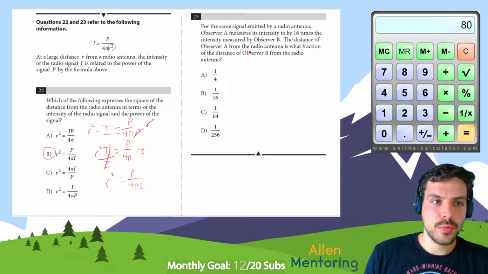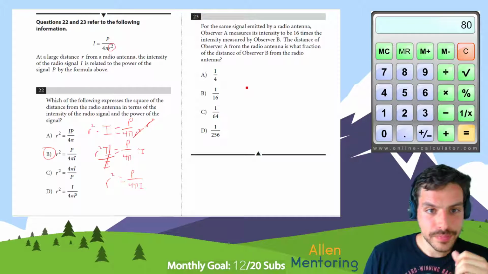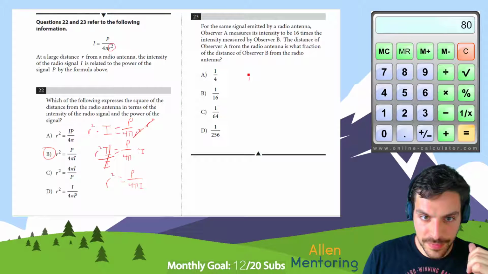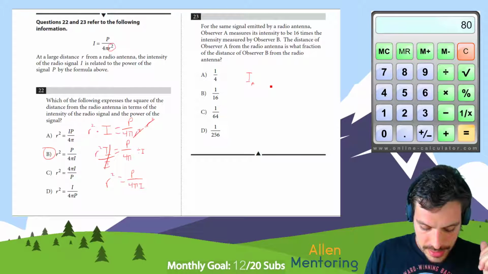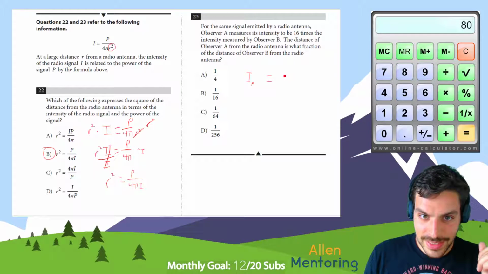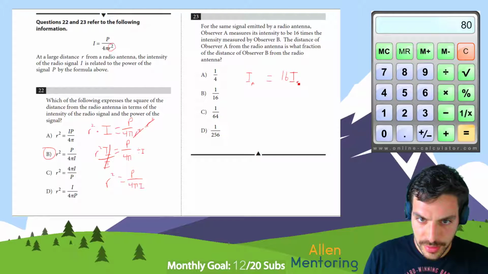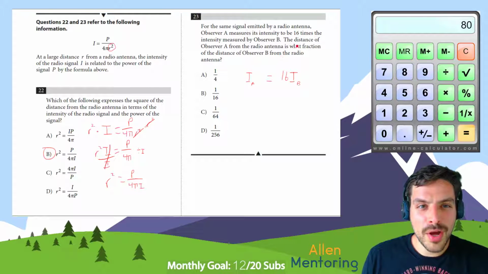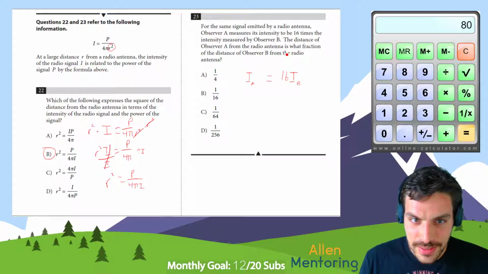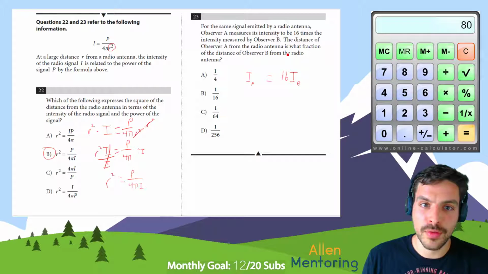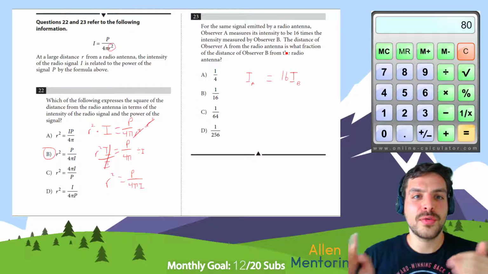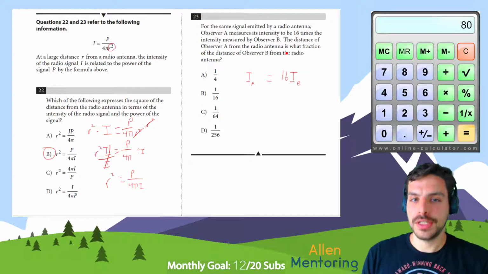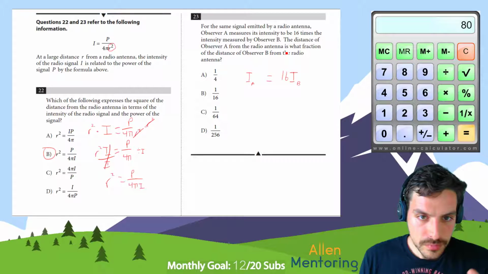The intensity of person A is equal to 16 times the intensity of observer B. But what we want to know is what fraction of the distance of observer B the distance of observer A is.